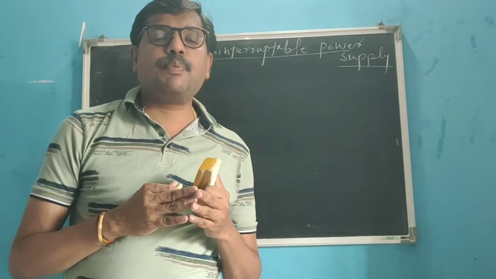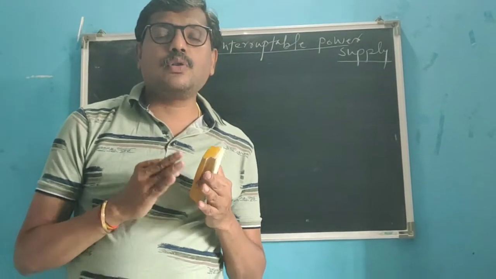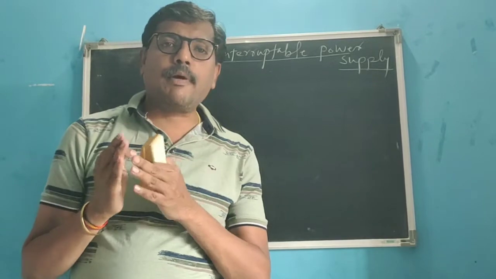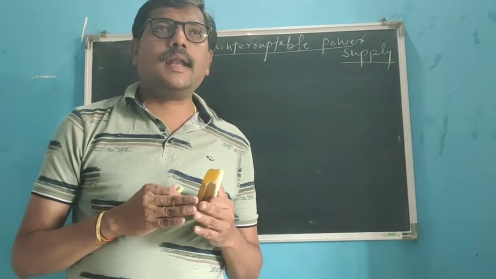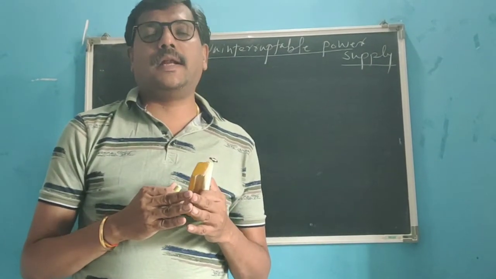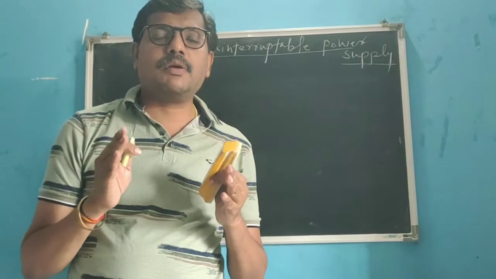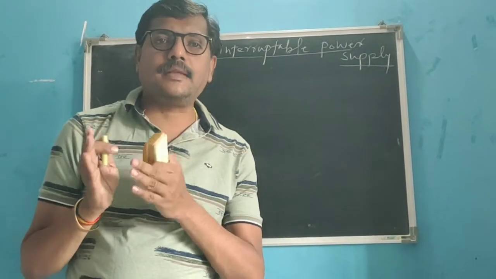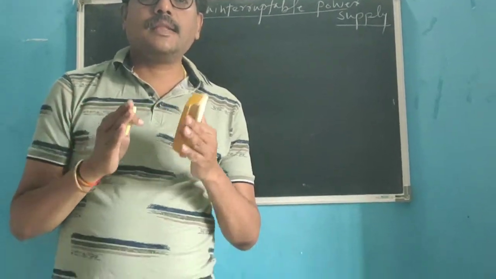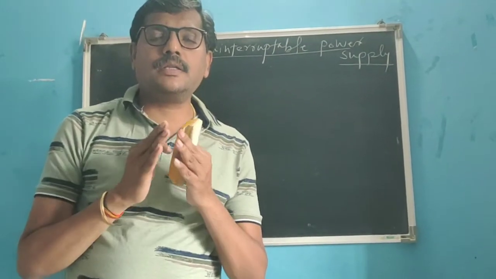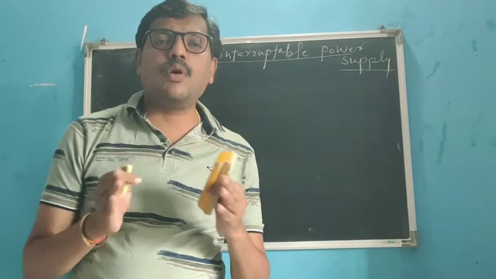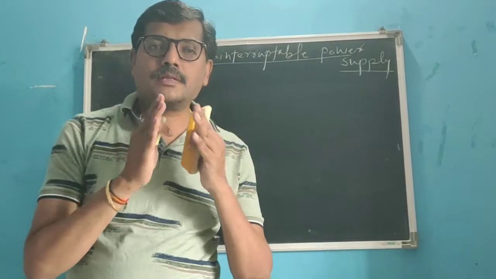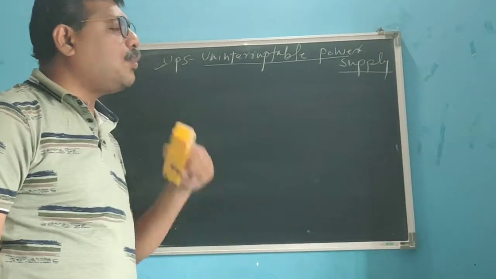Also, it provides pure power to the load, and it suppresses the line transient. Whatever transient or undesired signal is present in the AC line supply, it is 100% suppressed by the use of UPS.